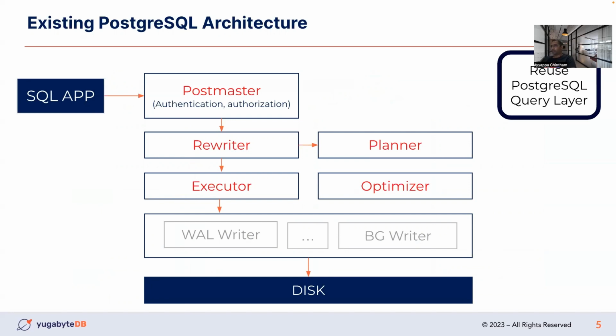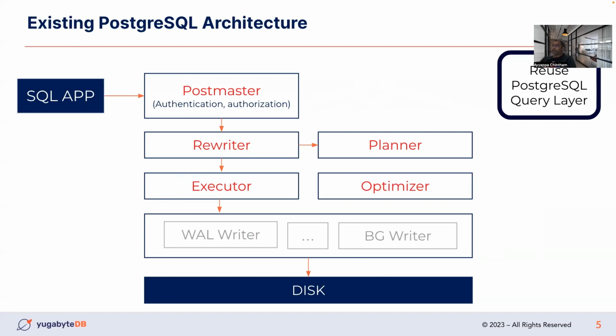So first we have a postmaster, which takes the query from the client and it rewrites it, and it uses the planner to decide what is the optimal plan to execute it, and it uses the executor and optimizer to execute the plan. And once the plan is created, it gives the plan to the Postgres storage layer.